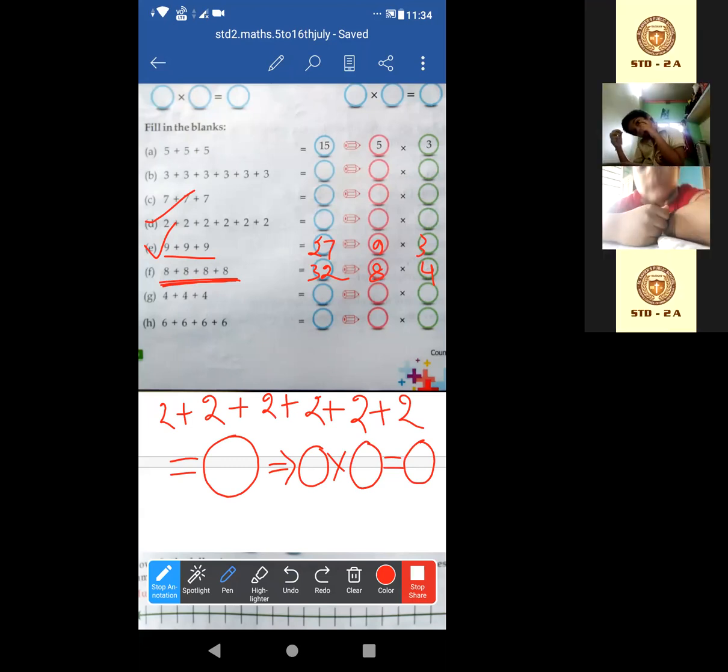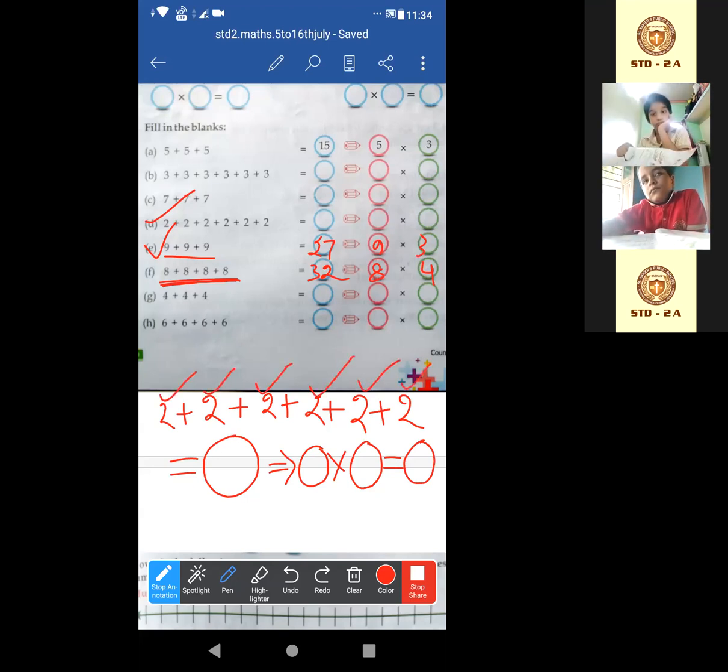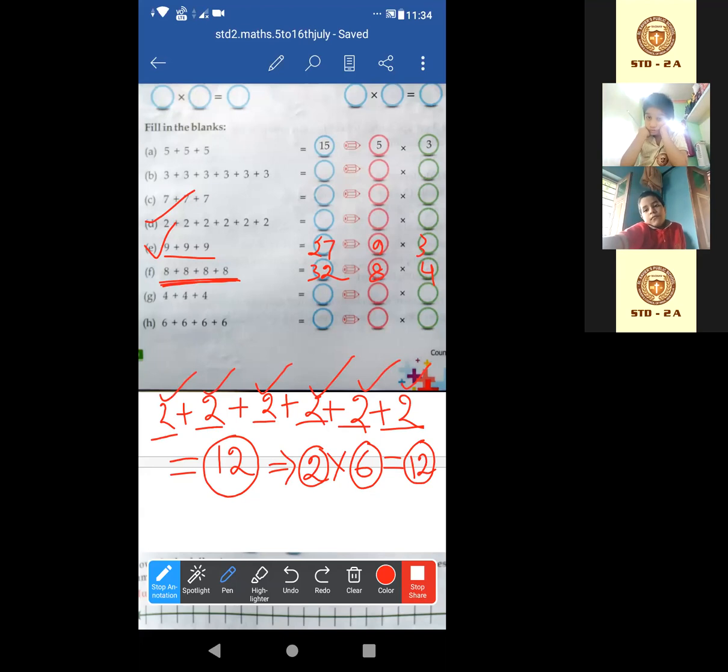So what will be? 2 plus 2, 4 plus 2, 6, 8, 10, 12. At first 12 I am writing over there. Now 2 we have to write in the first circle. How many times 2 are there? 1, 2, 3, 4, 5, 6 times. So 2 into 6. Ultimately the answer will be same, 12. Complete this fast.